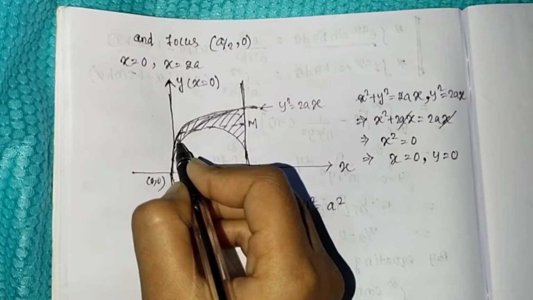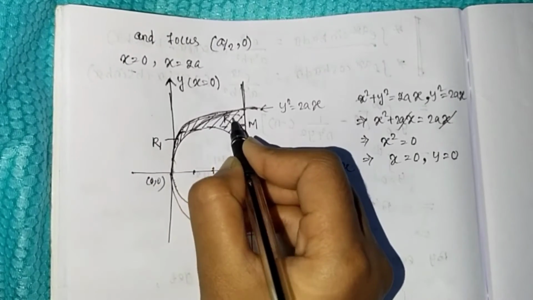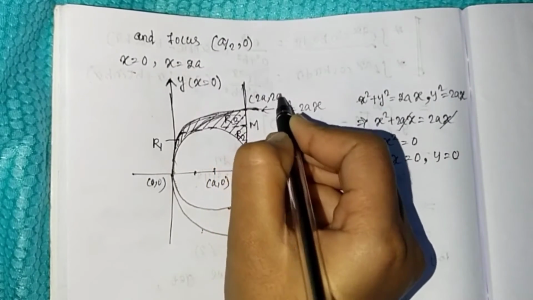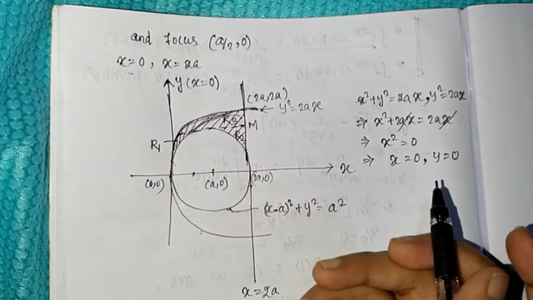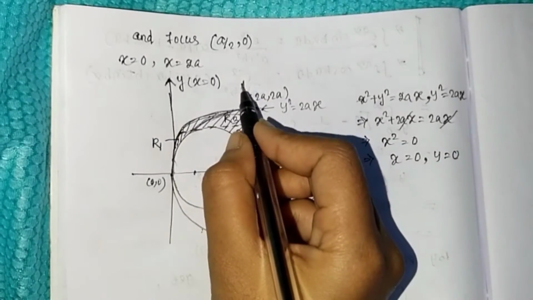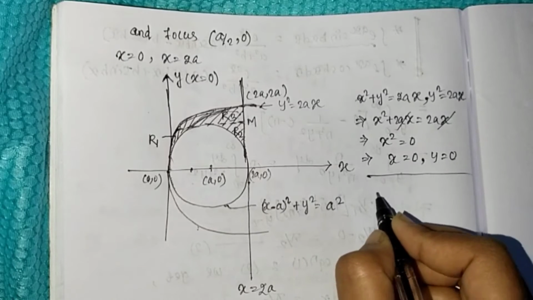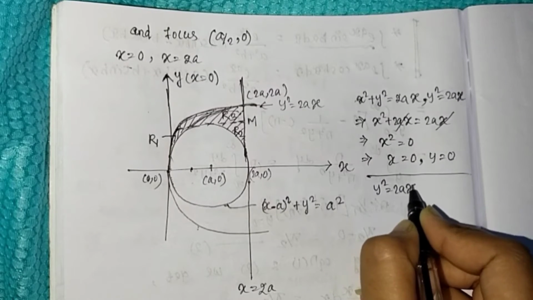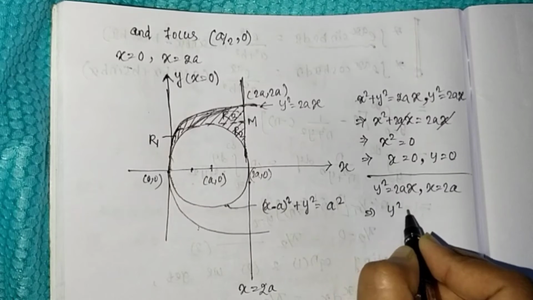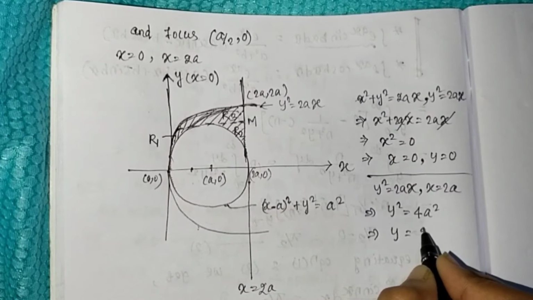So this is our R1, this is our R2, and this one is our R3. See, 2a, 2a, x is also 2a and y is also 2a. As in the intersection point of the parabola and straight line, that is y square equal to 2ax and x equal to 2a, that implies y square equal to 4a square and y equal to 2a.